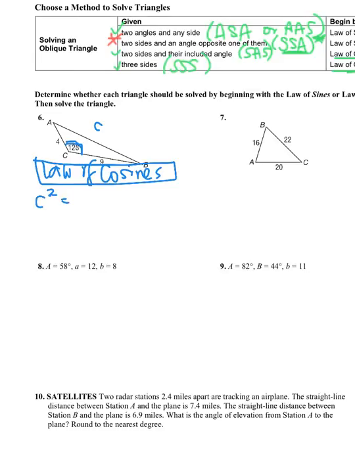So I have C squared is equal to 4 squared plus 9 squared minus 2 times 4 times 9 times cosine of 128.